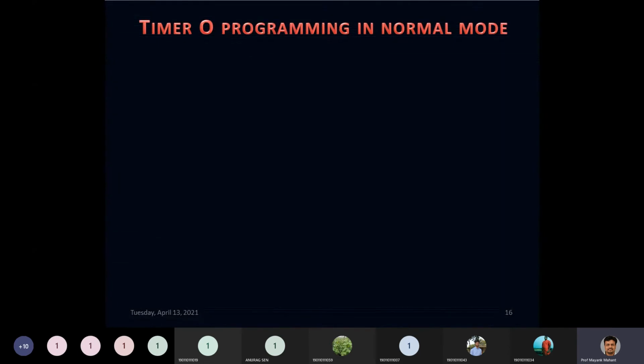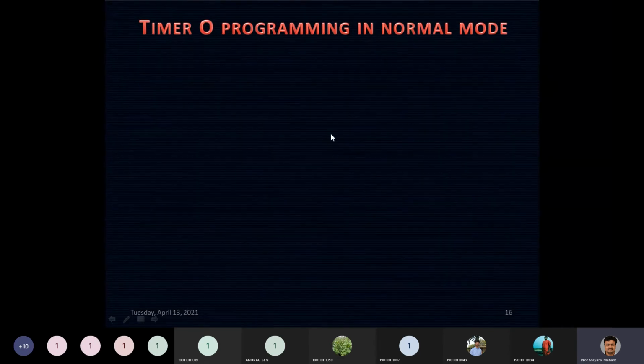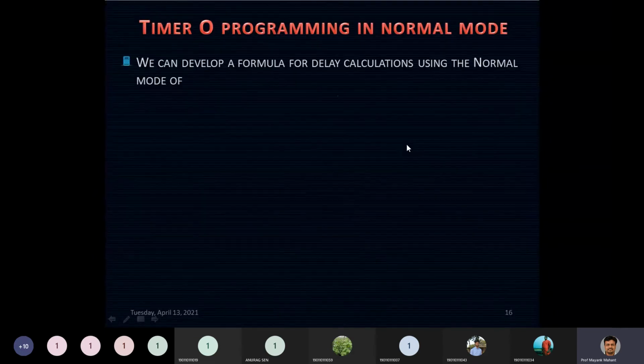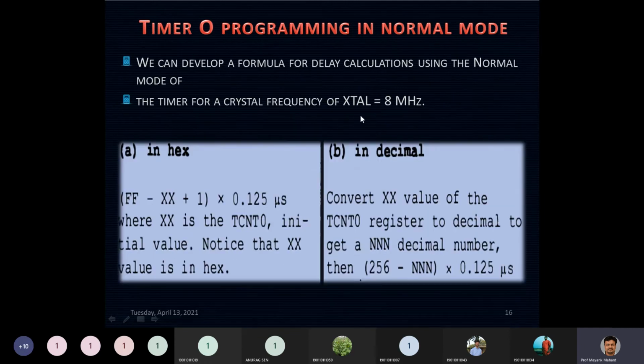Now let us see the formula for calculating the value that needs to be provided in my TCNT. We can develop a formula for delay calculation in the normal mode as below. Suppose the crystal frequency is 8 megahertz.